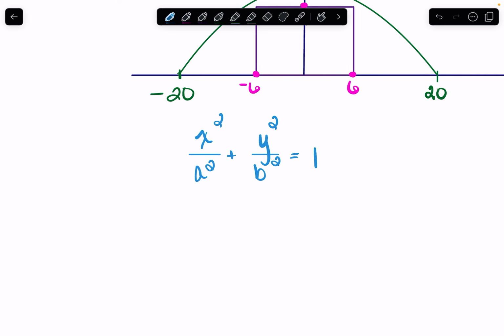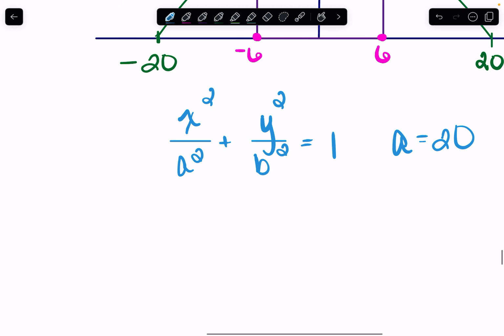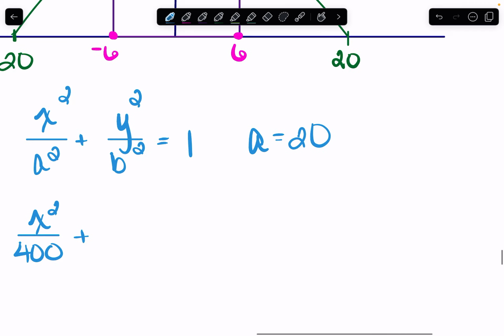The center is at 0,0, so I go 20 feet from the center. So that means a is going to be 20. If a is 20, a squared is 400. So I'll write a squared equals 400.